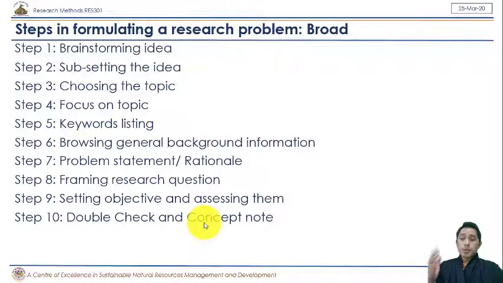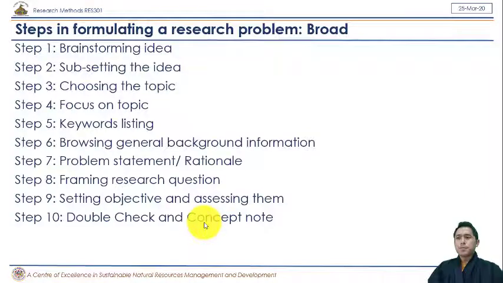I had to give them to you because I wanted to make sure that you have the right expertise before you start your research problem. But we are now going to look at only those steps that we need to formulate a research problem. So out of those 10 steps, we are going to omit around 4 steps and keep around 6 or 7 steps and make it a 7-step model.